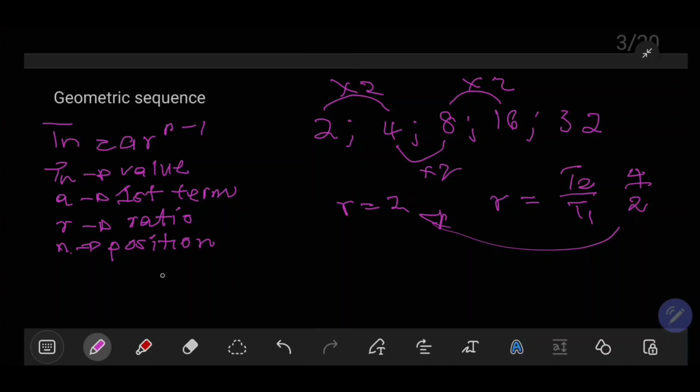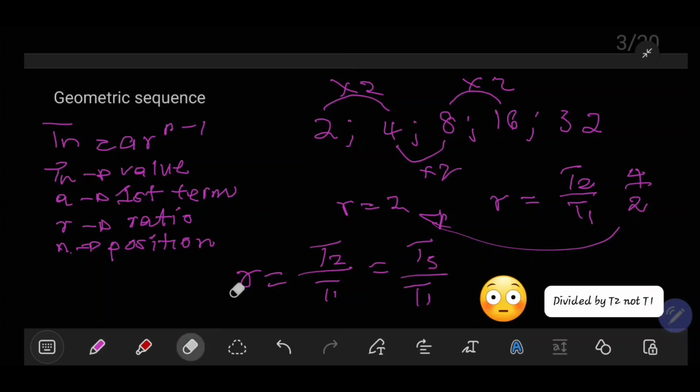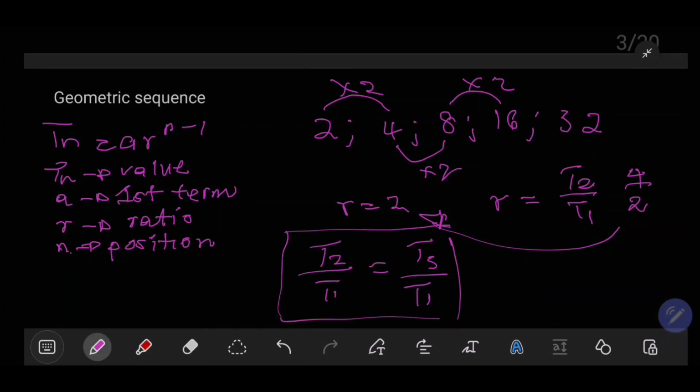Similarly, for confirmation purposes, we know that T2 divided by T1 should also equal T3 divided by T2. So here we know that our r is equal to 2.